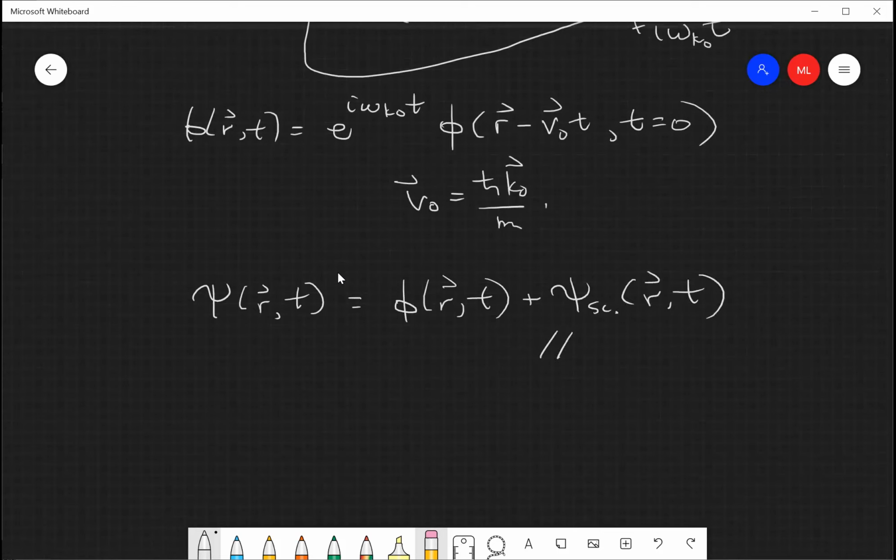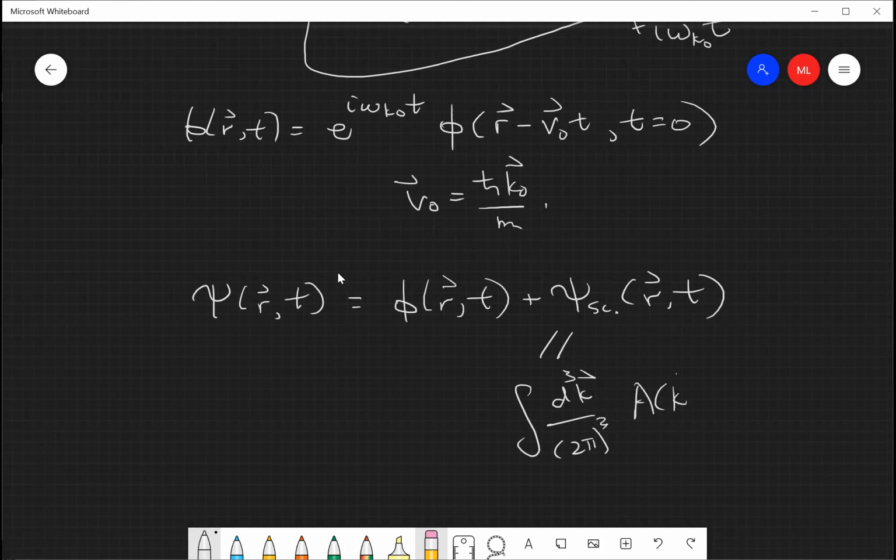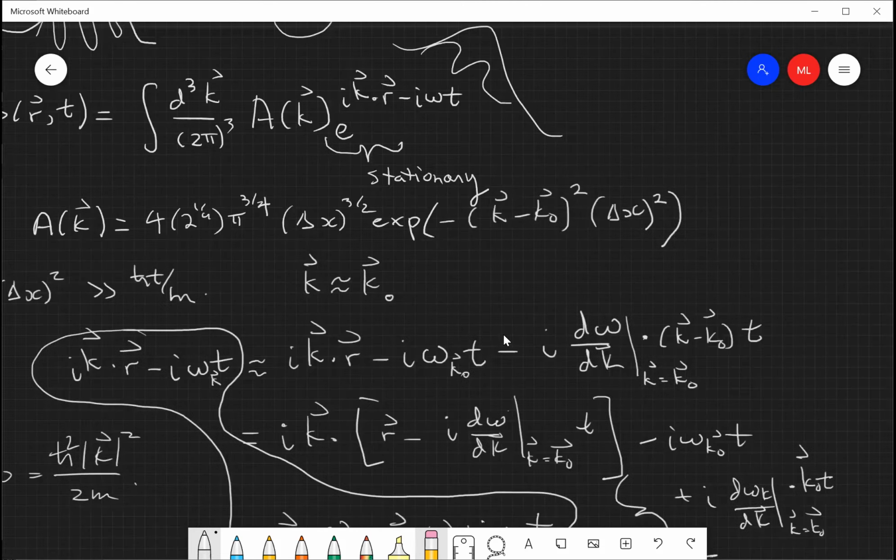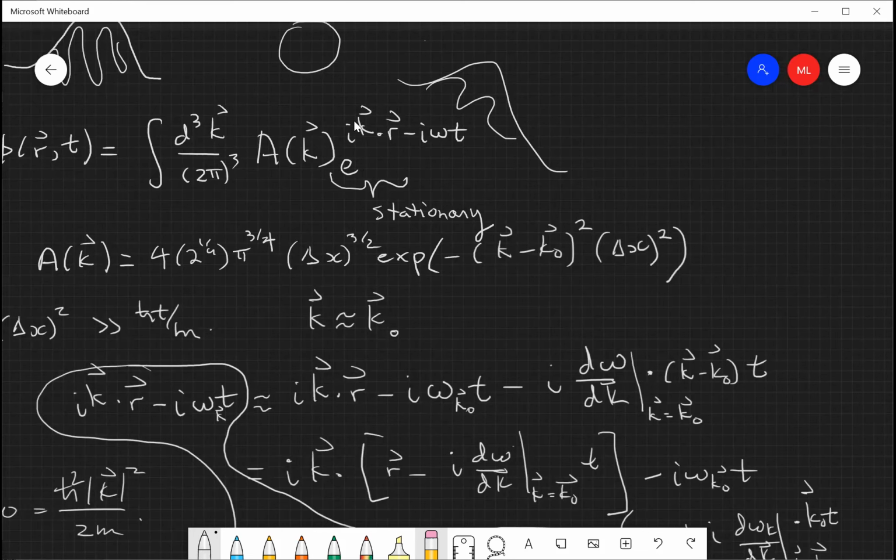And this guy, what is this guy equal to? Well, it's going to be just the same kind of expression where we integrate over the wave vectors, and it's going to be, again, the same envelope function, but now it's the scattered portion of our stationary solution. Remember I said that this part of the solution is the stationary solution part.